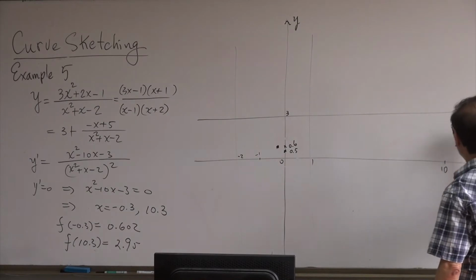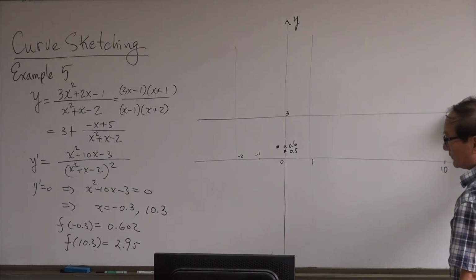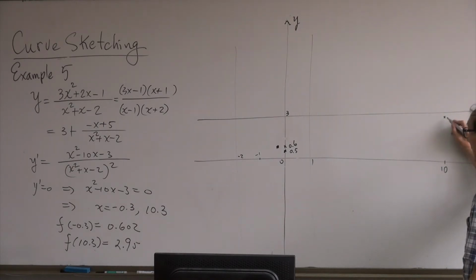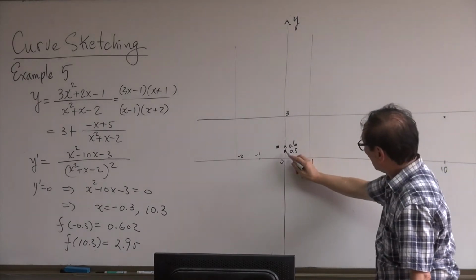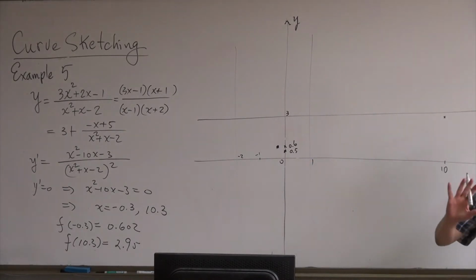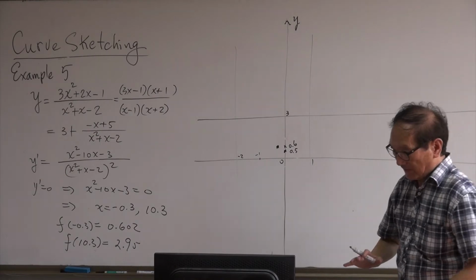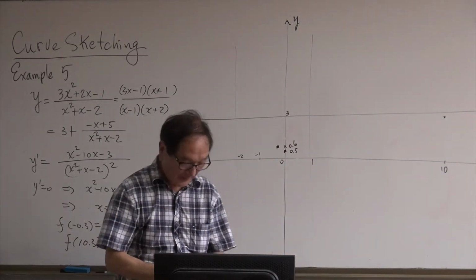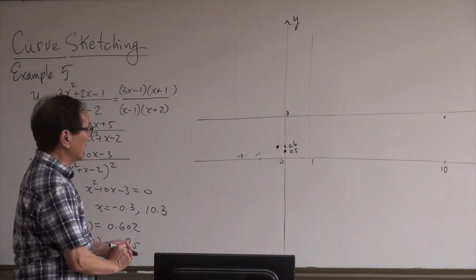So at 10.3, y is equal to 2.9. 2.9 is somewhere here. The other points we can analyze by doing derivatives.